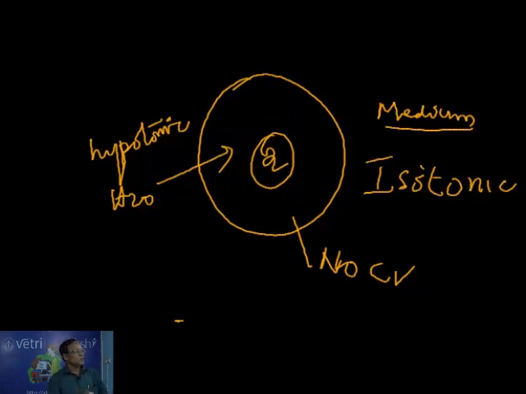There is no need to have the contractile vacuole because there is no continuous entry of water into the cell. That is why, as I already mentioned, we have contractile vacuoles in normal organisms living in fresh water, and no such contractile vacuoles in marine organisms or in parasitic organisms.